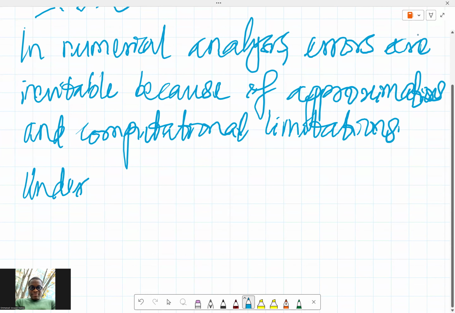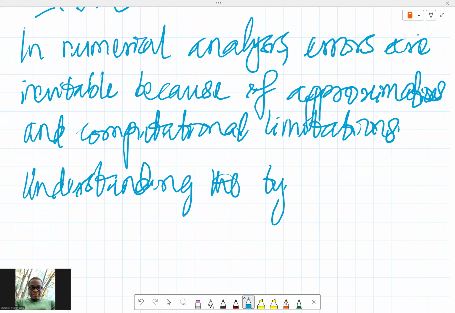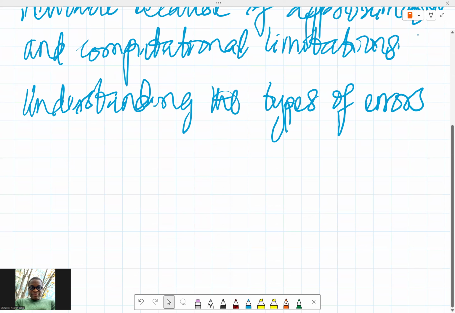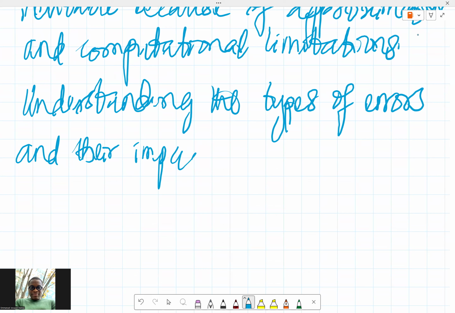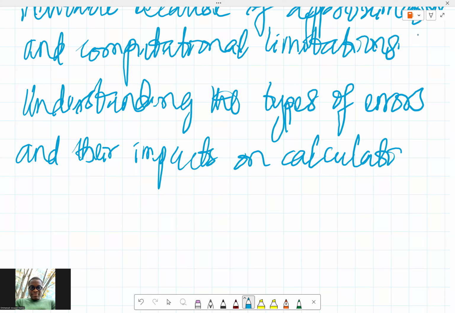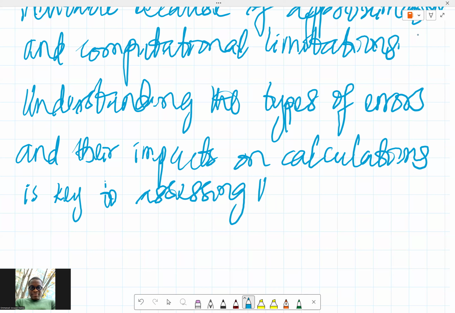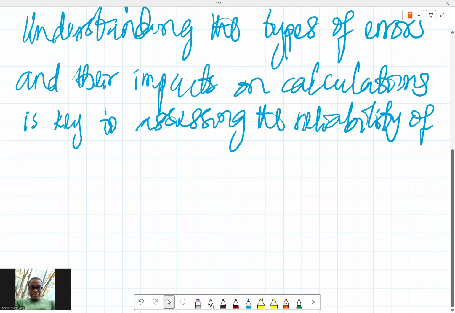So understanding the types of errors and their impacts on calculations is key to assessing the reliability of numerical methods.